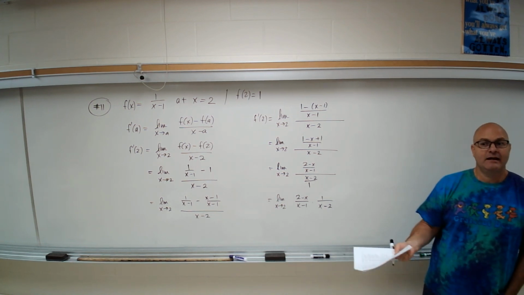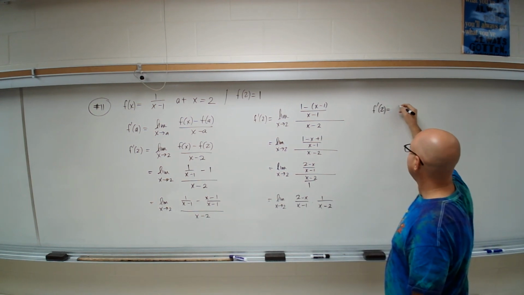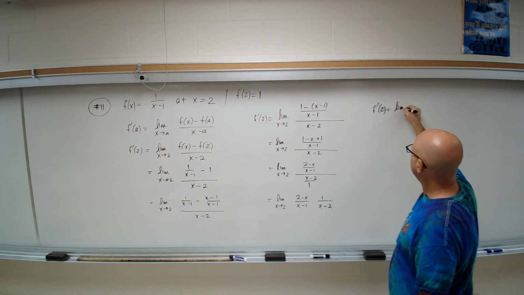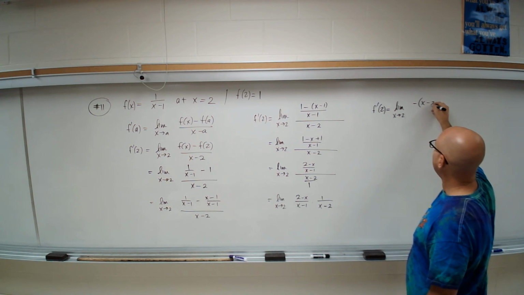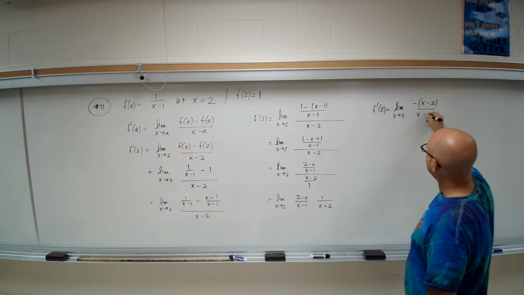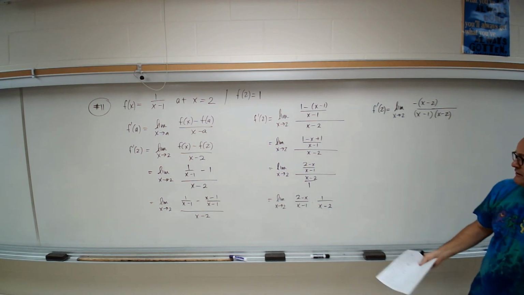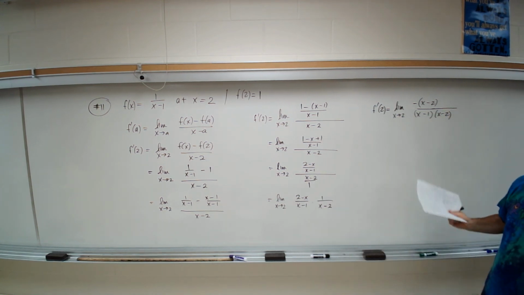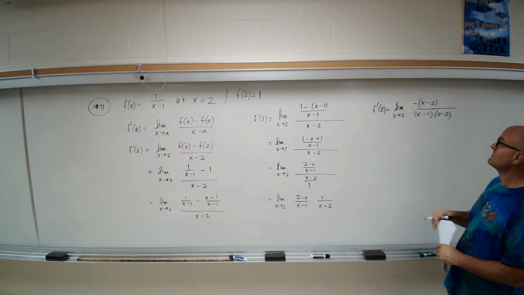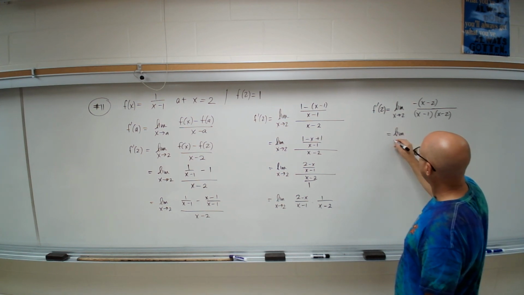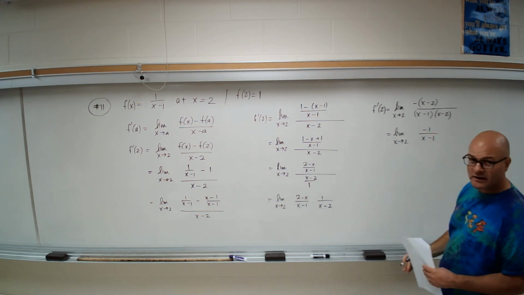You might know that if you cancel opposites, it kicks out a -1, or you could actually factor a -1 out of that top also. However you want to think of it, these two cancel, correct? So we're left with the limit as x approaches 2 of -1 over x minus 1.